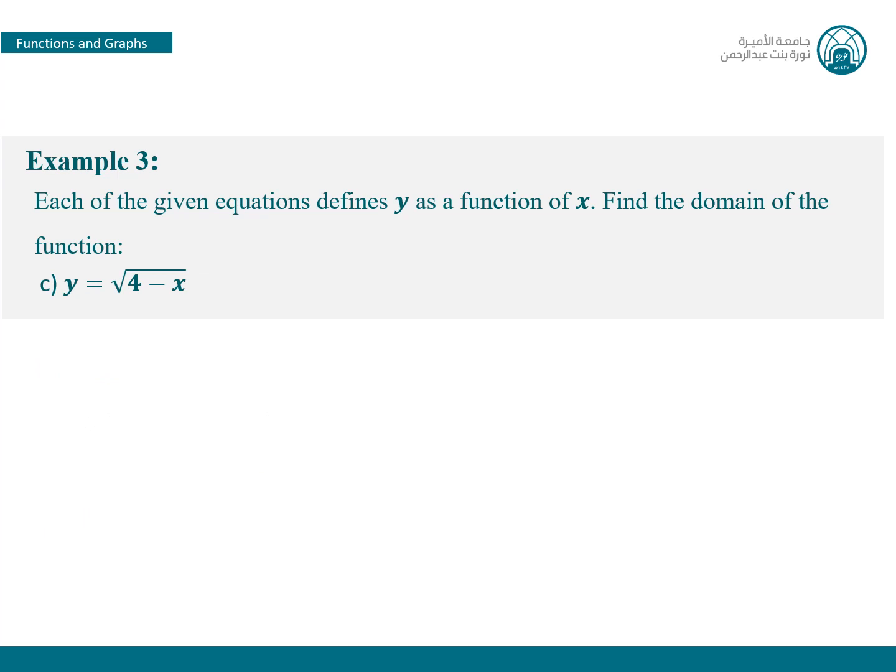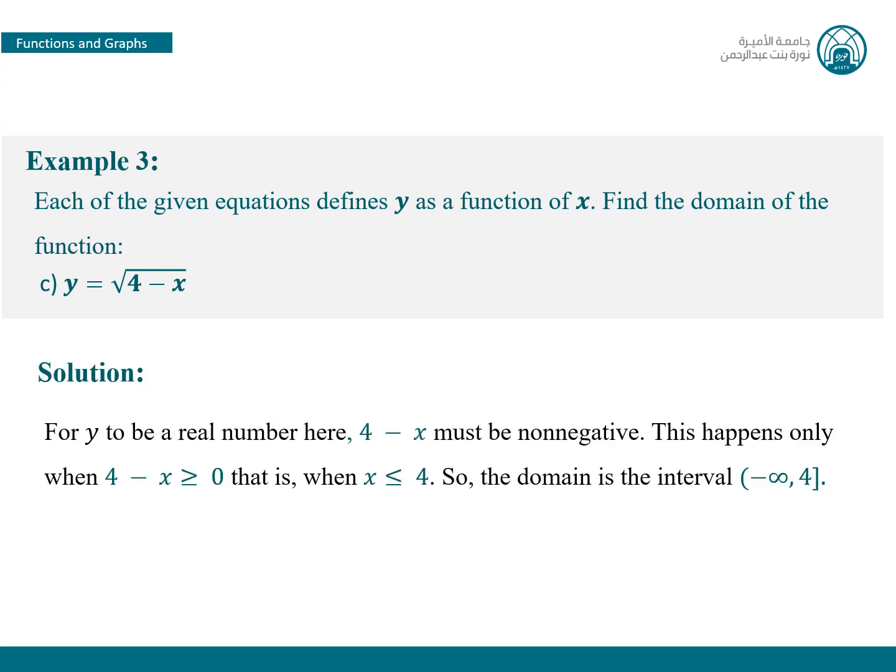The other example for square root: y equals the square root of 4 minus x. As we know from the previous example, if we have a square root, the number under the square root must be greater than or equal to 0. So 4 minus x is greater than or equal to 0.